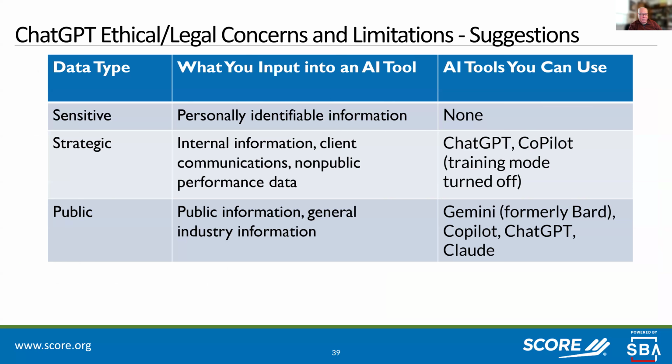If there's personally identifying, mission-critical information about your company, I probably wouldn't give it to AI. If it's things that you're comfortable communicating, non-public performance data, like transactional data for your sales, I think that's safe, just so long as you have training mode turned off. And of course, anything public, give it to ChatGPT, that's fine because it's probably already found it.